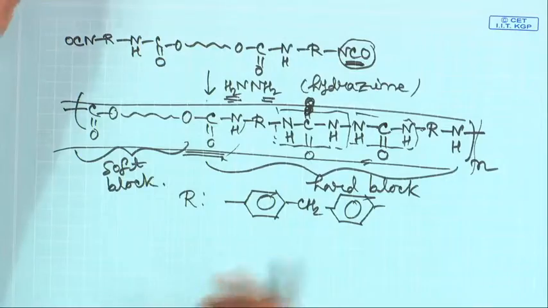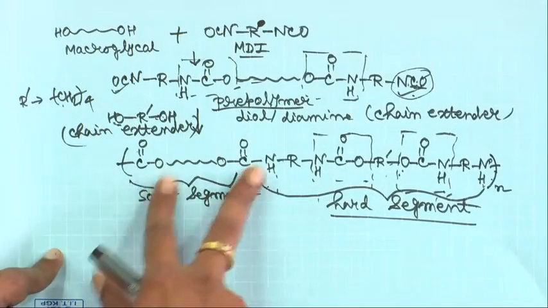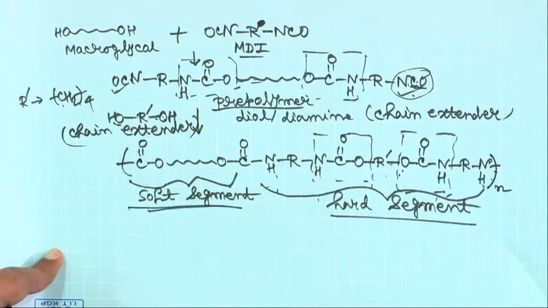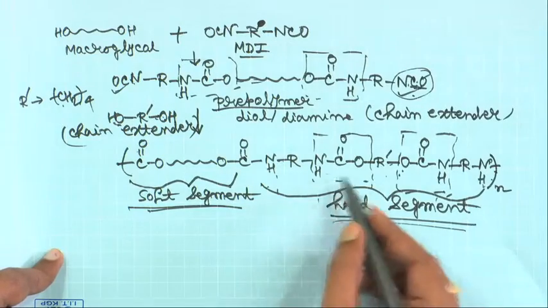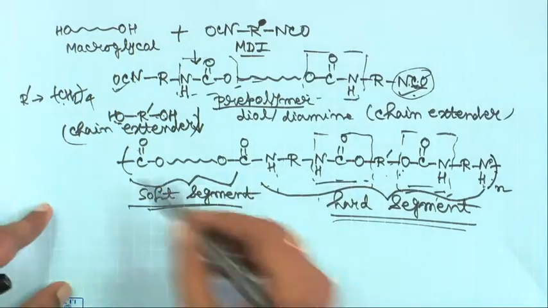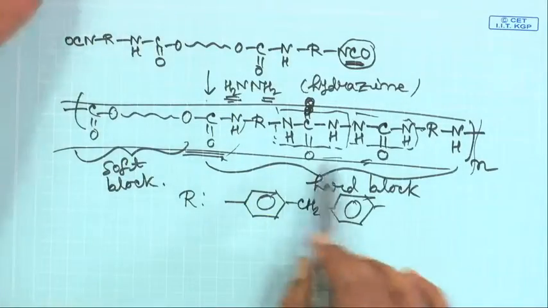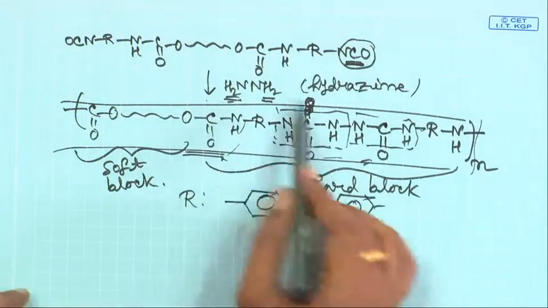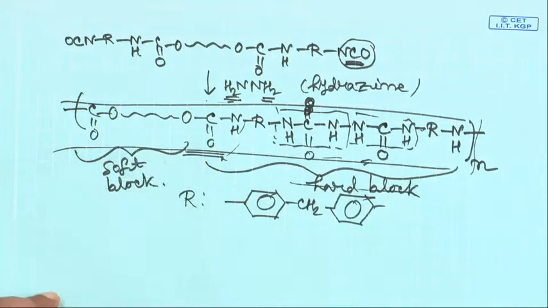So, in both the cases you will have a soft segment which is your flexible segment, generated from your macroglycol unit, and you have a hard segment which has a possibility of a lot of hydrogen bonding interactions, all right, between your urethane linkages if you are reacting with a diol, or your amide linkages if you are reacting with a diamine.